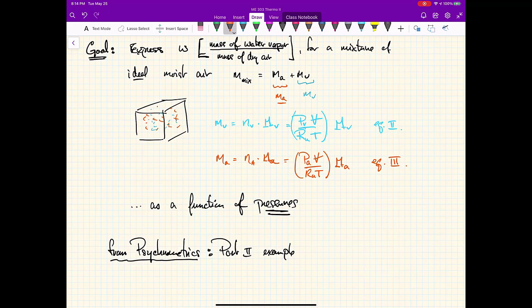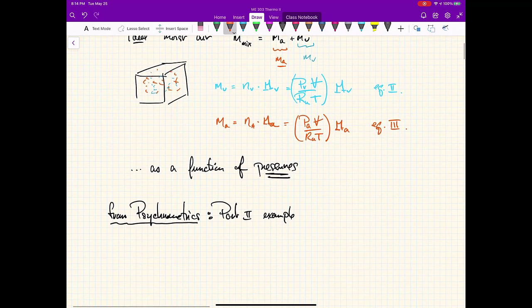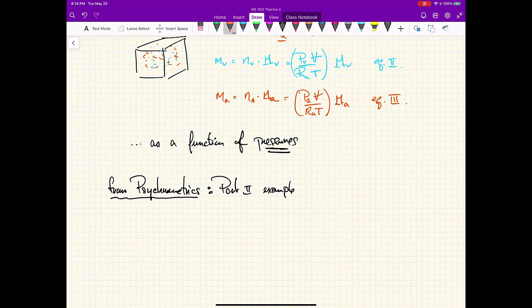And so what we've got then, if I take equations 2 and 3 from that video and divide one by the other, is the mass of the vapor divided by the mass of air, which, lo and behold, is the definition of humidity ratio, right?